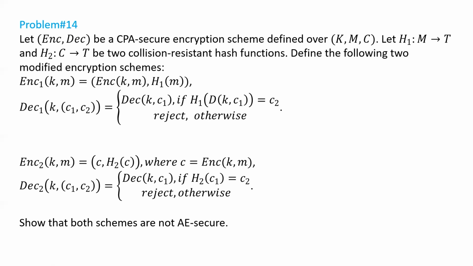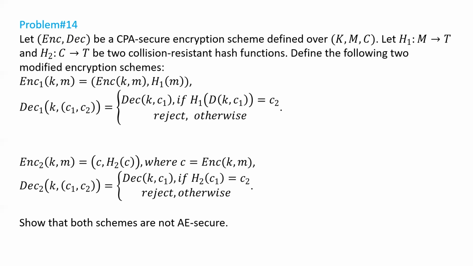So MAC security says that you are seeing valid message tag queries for some chosen messages by the adversary, but then the adversary should not be able to come up with some new valid message tag pair in polynomial time except with negligible probability.